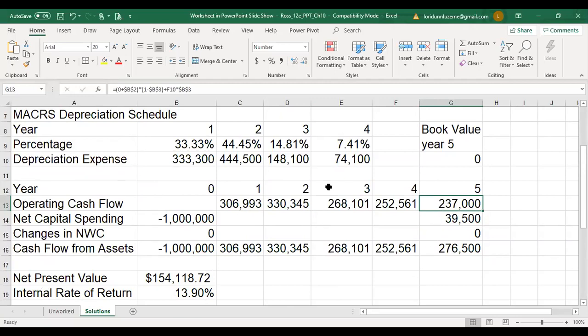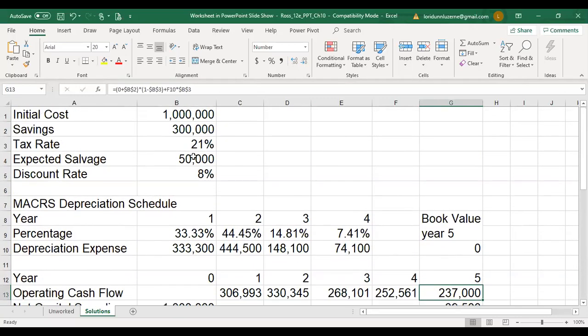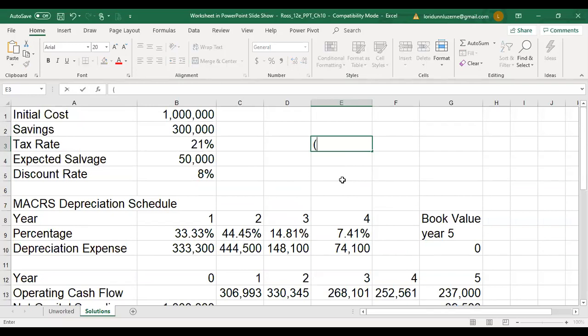Finally, after doing that, at the end of year 5, you have to remember one last thing. The company is going to sell this asset when they expect the salvage value to be $50,000. So how did they determine this $39,500? Based on our formula. We take 50,000. We know that's cash coming in, but we have to subtract any tax.